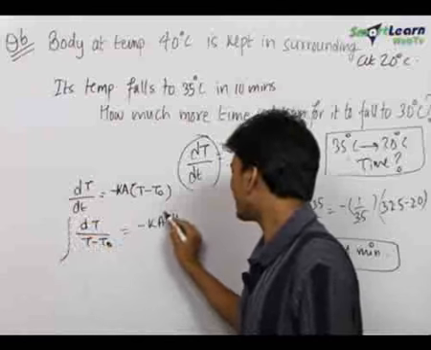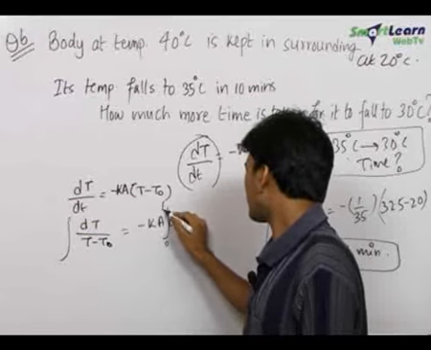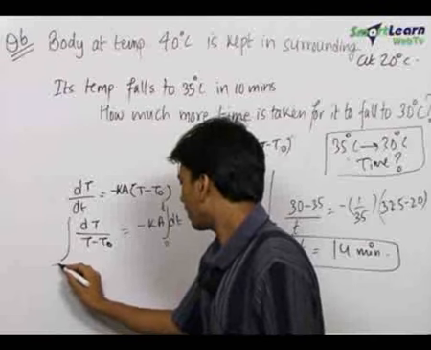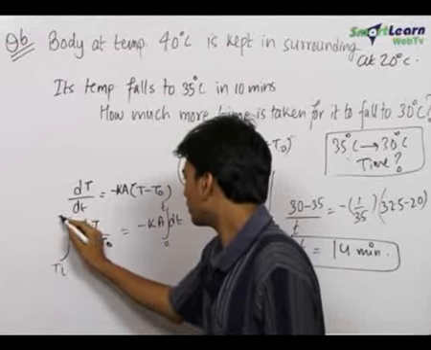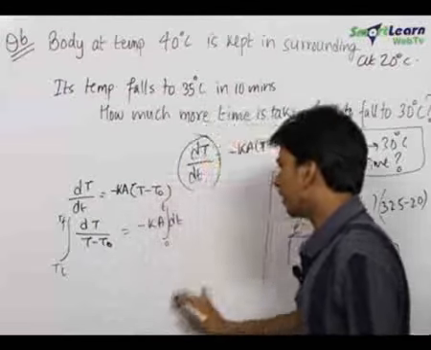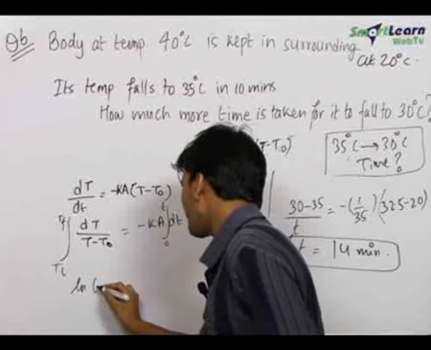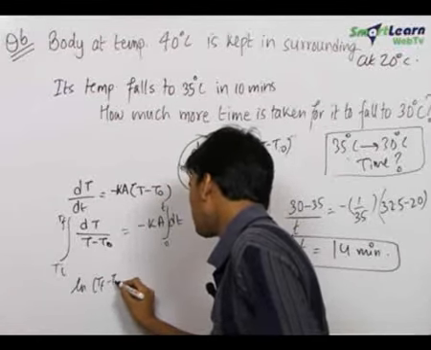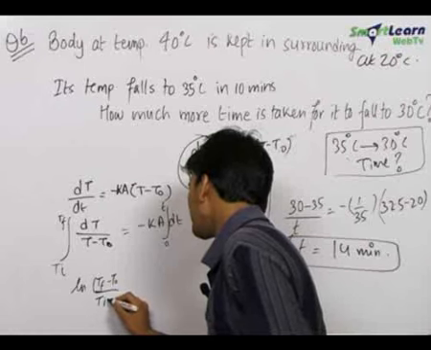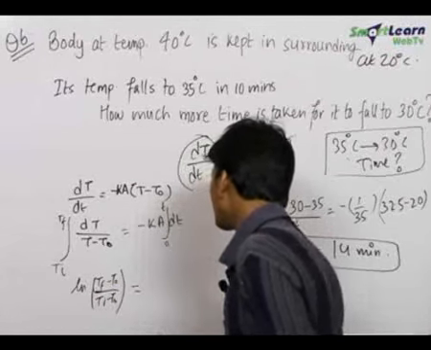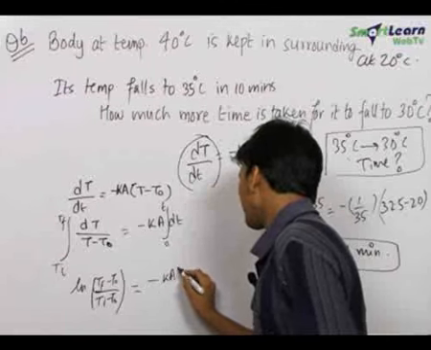Let us integrate this from initial time 0 to t, and this from T initial to T final. Now this becomes ln of (T final minus T naught) upon (T initial minus T naught), which is equal to minus KA into t.